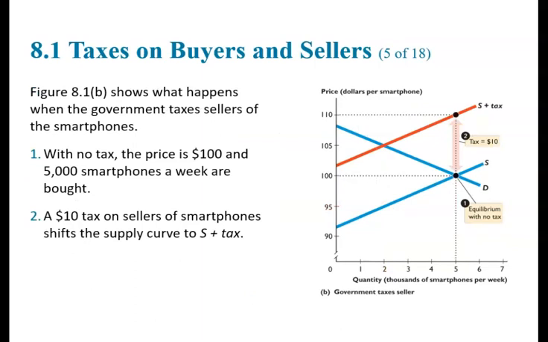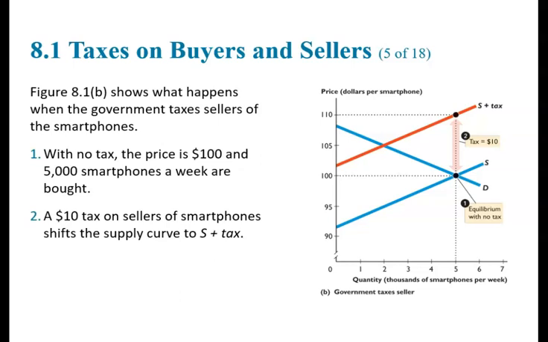Alright, so let's change the situation a little bit. Right now in this figure we will impose the tax on the sellers, the same tax of $10 per unit of smartphone on the sellers rather than the buyers like in the previous example. We show this example graphically because it makes it easy to imagine what is happening.